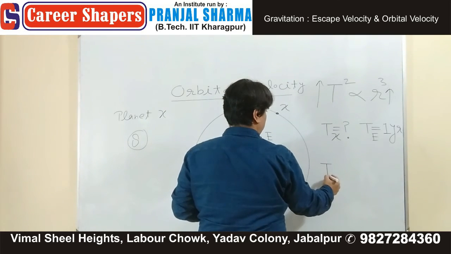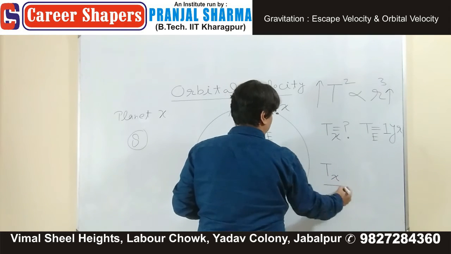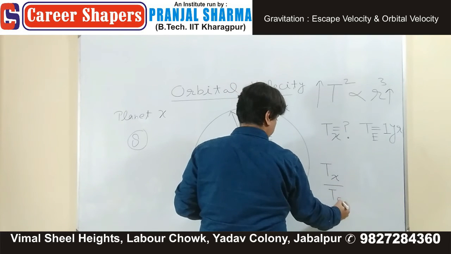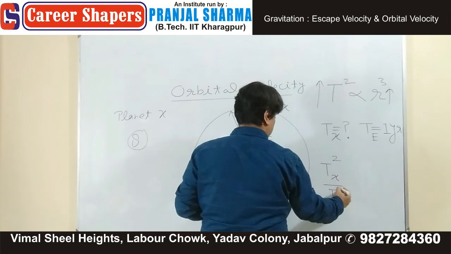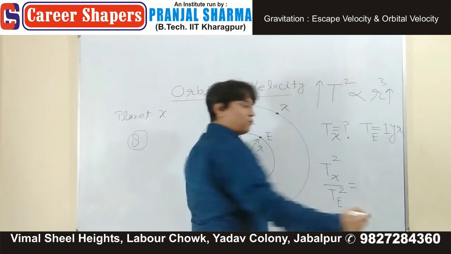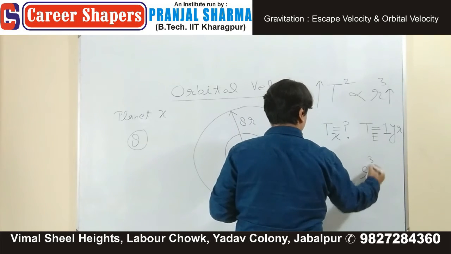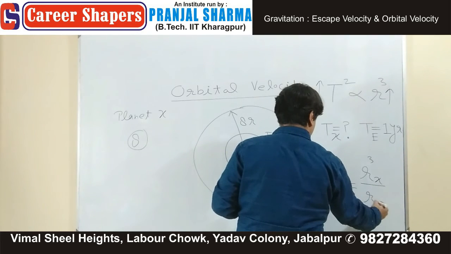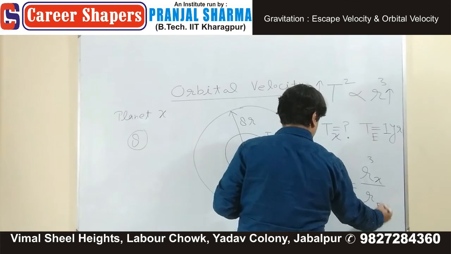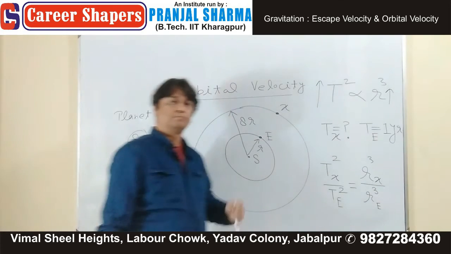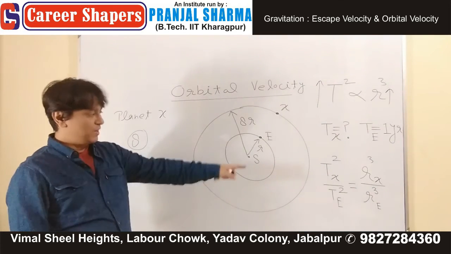Tx upon Te whole square is equal to Rx cube upon Re cube. That's what we need to find.